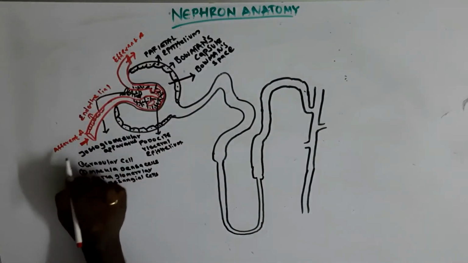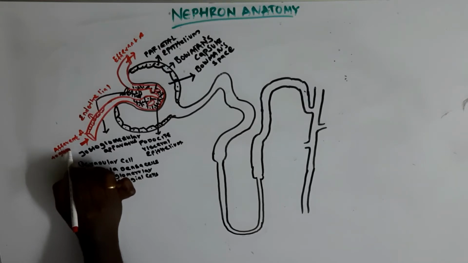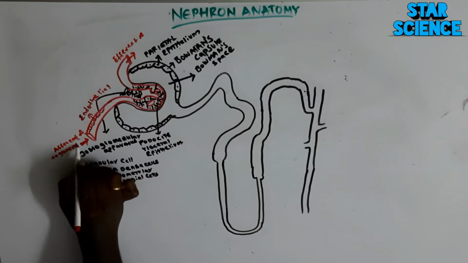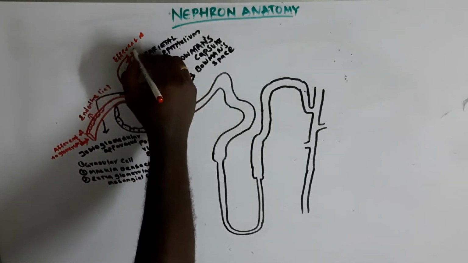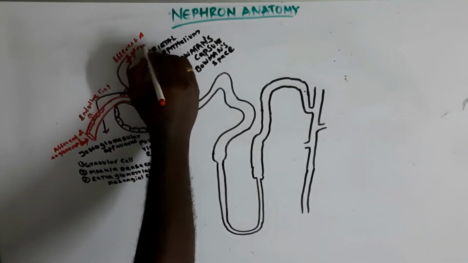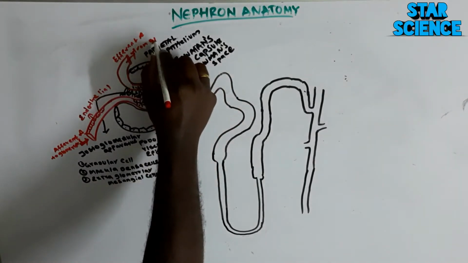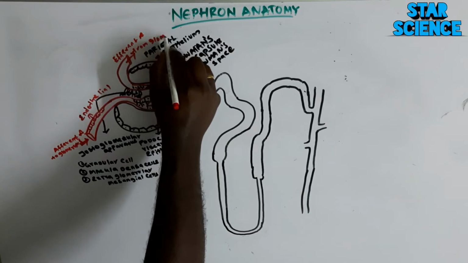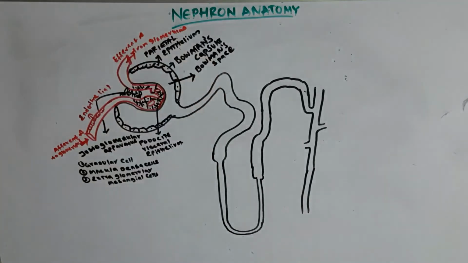Right now I am showing you the blood which enters from the afferent arterioles going to glomerular filtration, and after filtration it exits through the efferent arterioles, so it comes out of the glomerular filtration. So it's also very important to remember.